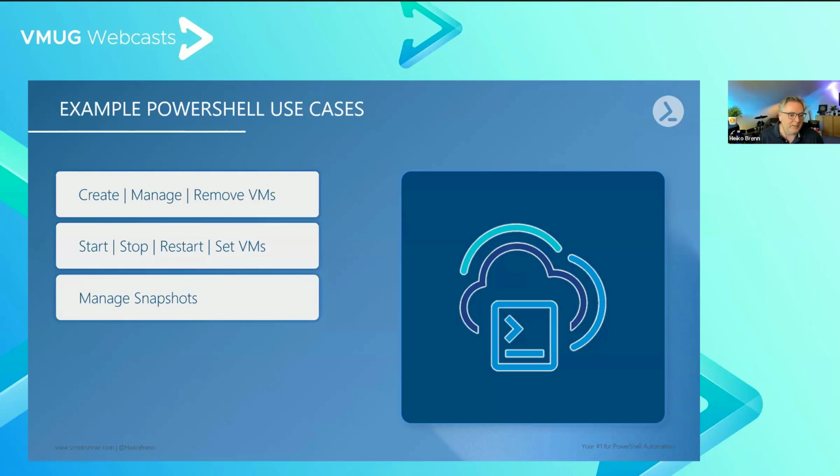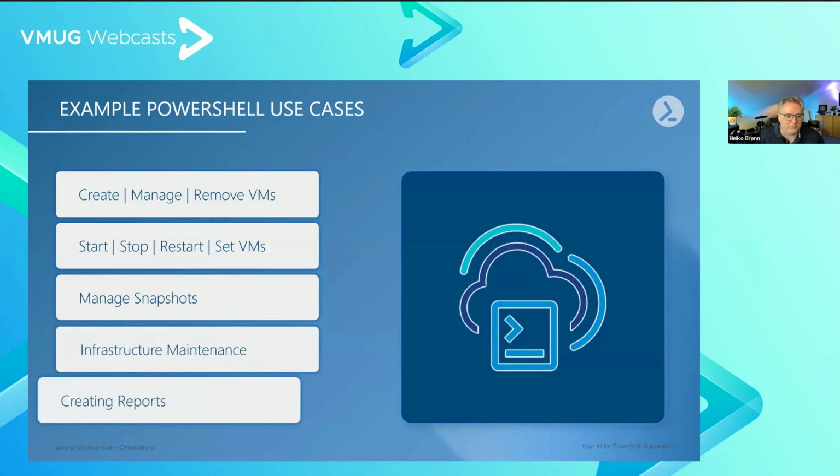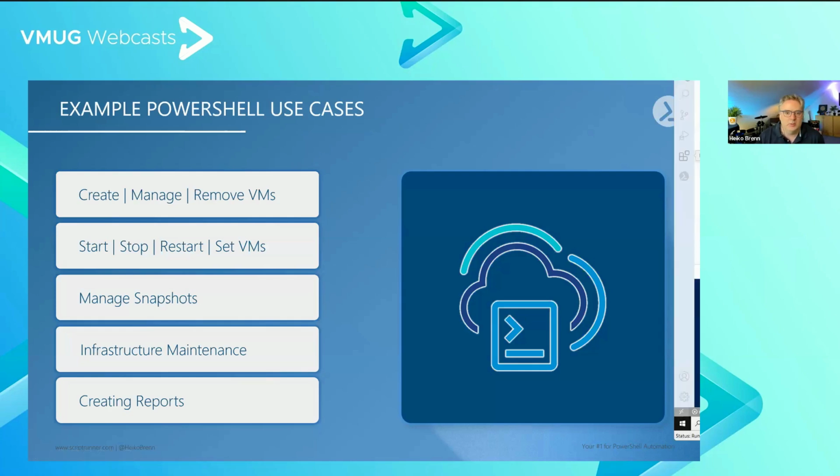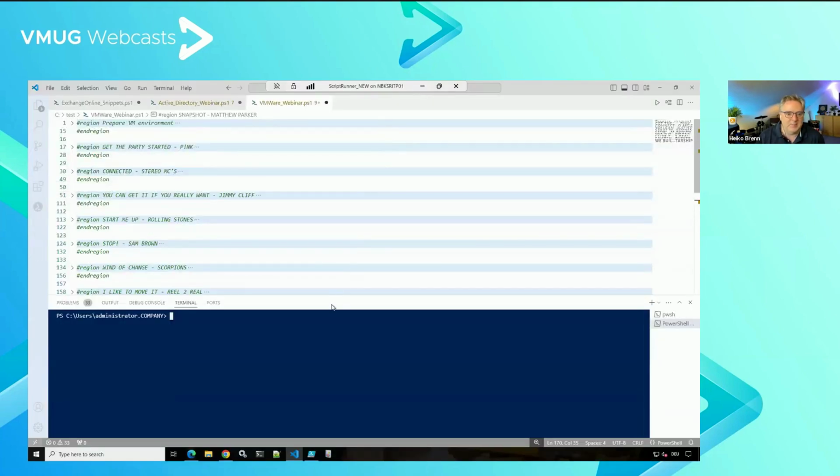Another important area we see quite often is managing snapshots and the overall infrastructure maintenance. And last but not least, creating reports, getting some information about the current state of my VMware infrastructure. And with this, let's move over to the first demos.